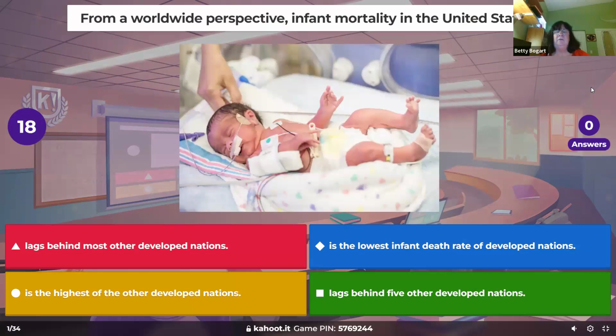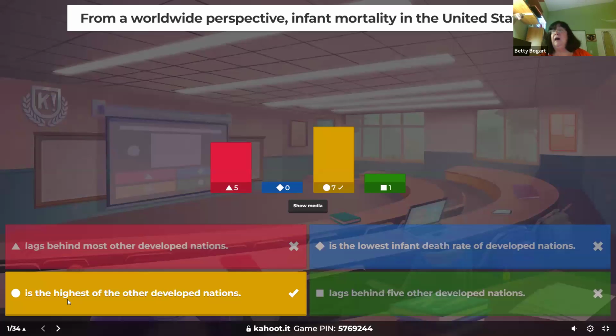What did I tell you about infants dying in the first year of life? It's the highest. It's more than most other countries. You know, we've still got a lot of work to do.